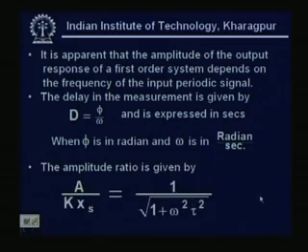The amplitude ratio is given by A by k xs equal to 1 upon under the square root 1 plus omega square tau square. You can see here.